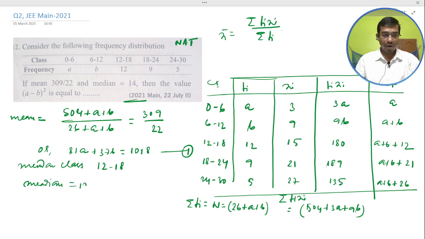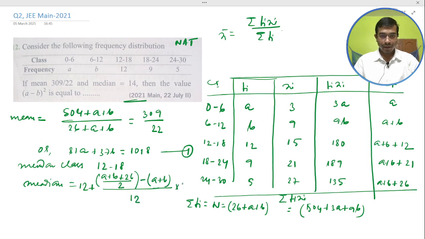The median would be 12 plus, by using the formula, (26 plus a plus b) by 2 minus (a plus b), divided by 12, into 6. This would become equal to 14.